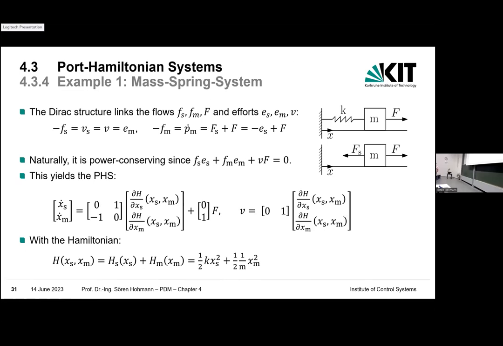What we can learn is that the states of a system are defined via energy functions, namely H, which is the sum of the energy of the spring and the mass.